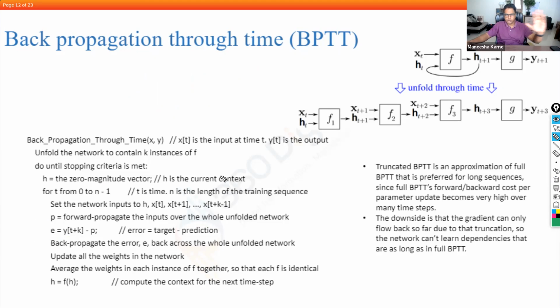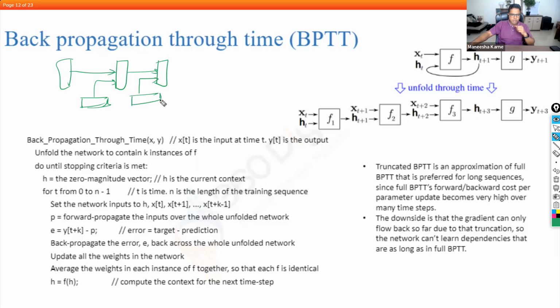There's one disadvantage here, friends. If you keep on unfolding, and if the number of words are very large, that means if you have huge number of words, then when you multiply the weights with the hidden layers, when you keep multiplying the weights, what if the numbers are less than 1?